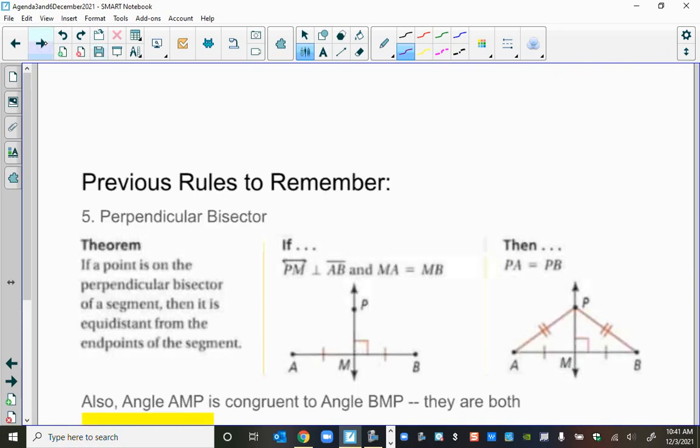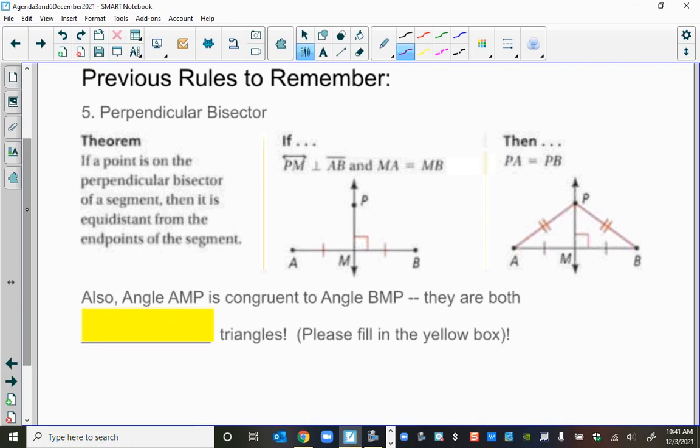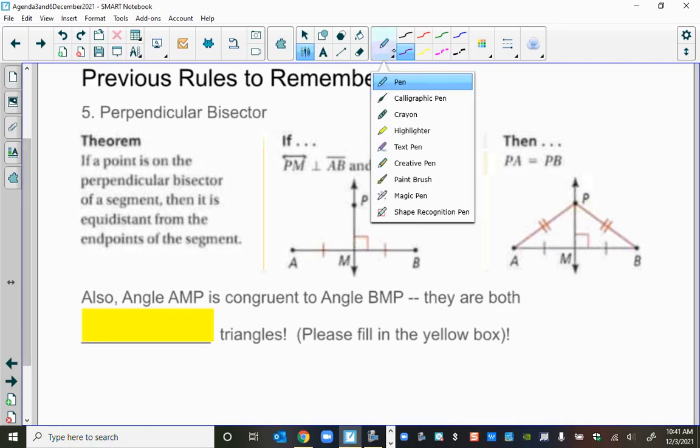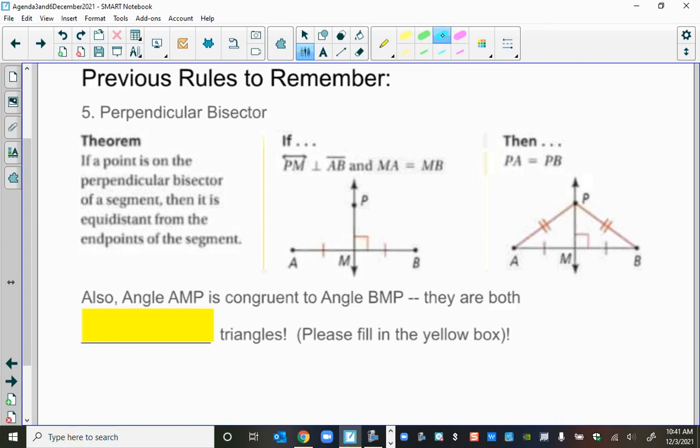And then, of course, perpendicular bisector. Remember, think of a mirror. Perpendicular bisector, that's your mirror.